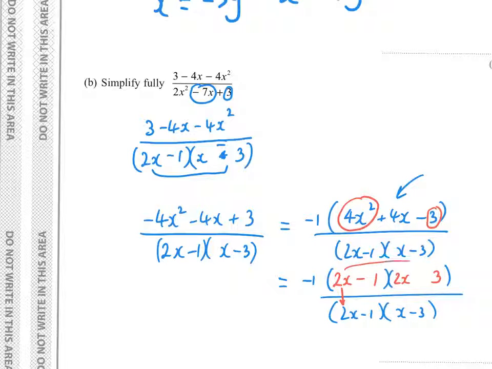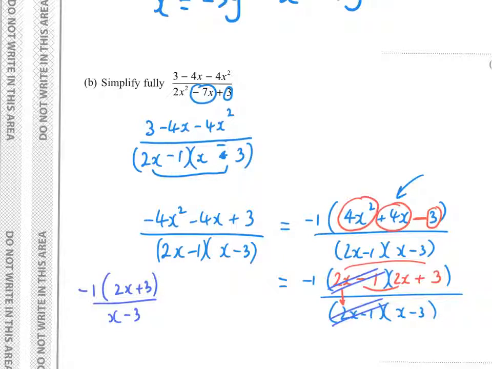So I'd have 6x minus 2x, good. That gives me the 4x that I wanted here, positive 4x, not negative 4x. And so I wanted a negative 3 here, so this would have to be positive. And then I've got the desired outcome I wanted. These cancel, and so I'm left with 2x plus 3 over x minus 3.